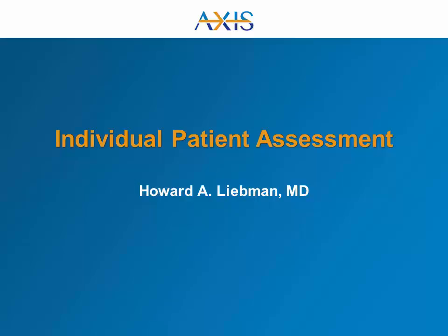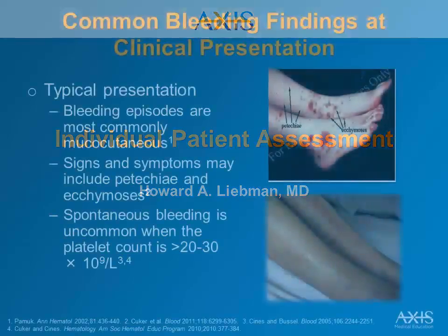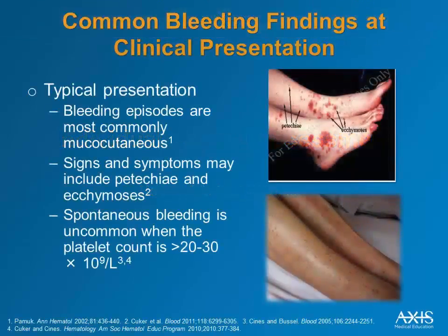One has to assess their presentation and the severity of ITP, and that can be done by your initial physical examination, which is quite important, along with the evaluation of the peripheral smear in all patients who present with low platelets. The classic finding is evidence of mucocutaneous bleeding.